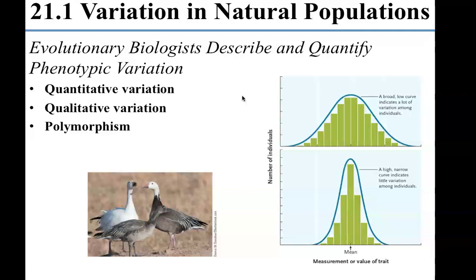Polymorphism is simply the existence of discrete variants of a trait or a character. So we would say that these geese are displaying polymorphism. There are just multiple phenotypes, in this case two, and they're discrete. They're exhibiting qualitative variation. So really polymorphism is something that happens when the variation is qualitative.